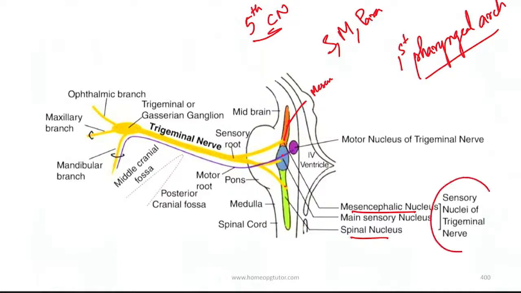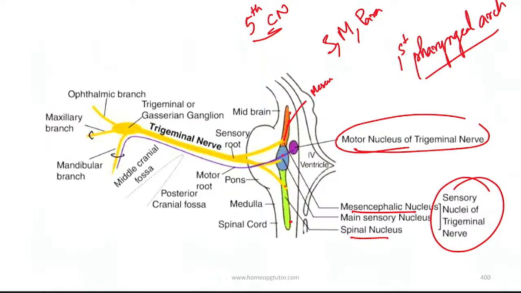That is the sensory nucleus of the trigeminal nerve, and it also has a separate motor nucleus. All these nuclei extend from the midbrain to the medulla and also a little bit to the spinal cord.